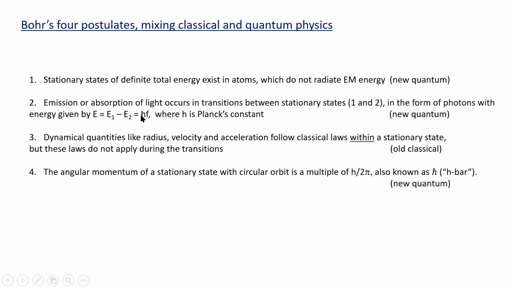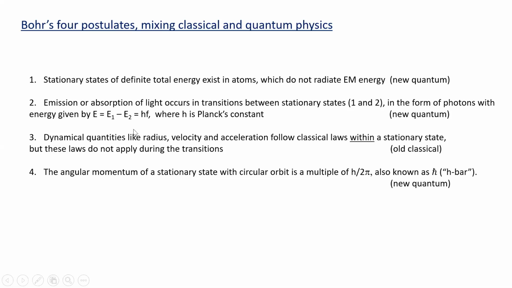And that connects to the light frequency through the same formula as Planck's formula, E is equal to hf, where h was Planck's constant, which had already been established, as I said, in several other experiments.